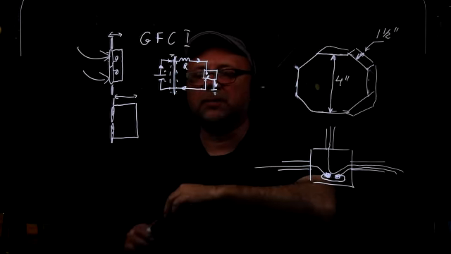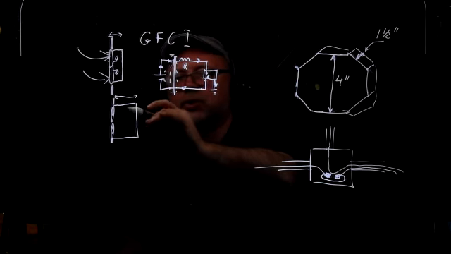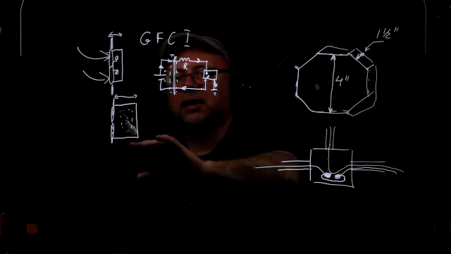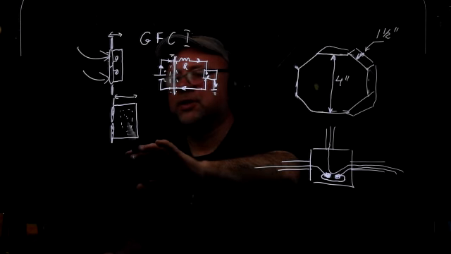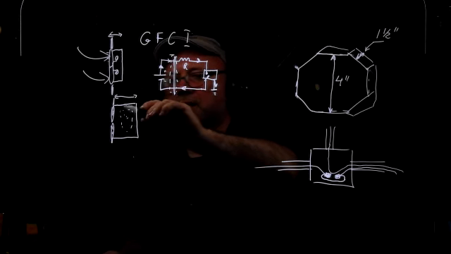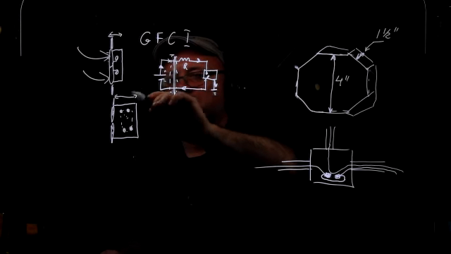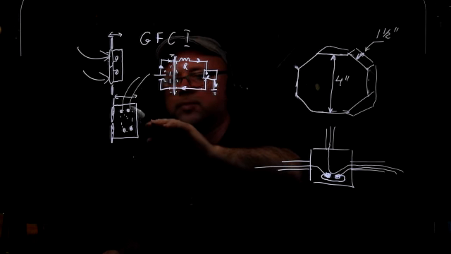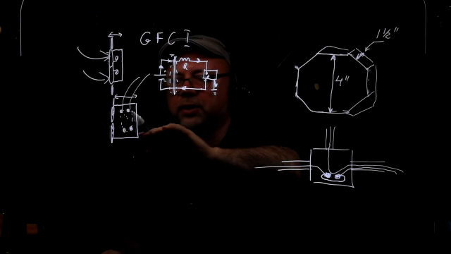GFCI, ground fault circuit interrupter. So that sensing circuitry is somewhere inside that GFCI receptacle. And it also has input terminals and output terminals. So you're connecting that supply wire or supply cable into the input terminals of the GFCI receptacle.